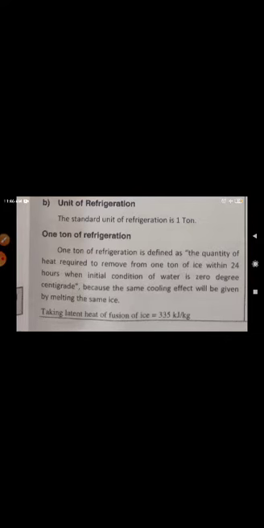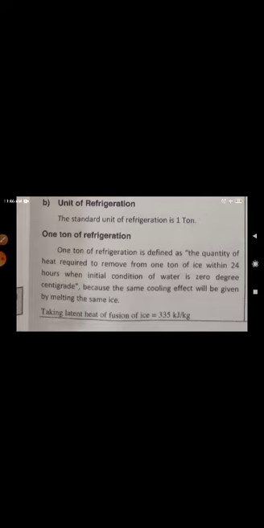Okay, why is this called 1 ton of refrigeration? Because 1 ton of ice in 24 hours will give the same cooling effect or refrigerating effect. That's why, what is 1 ton of refrigeration? It is the quantity of heat required to remove 1 ton of ice, or prepare 1 ton of ice, within 24 hours when the initial condition of water is 0 degree Celsius.